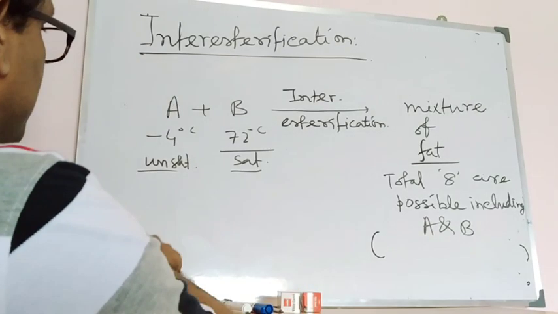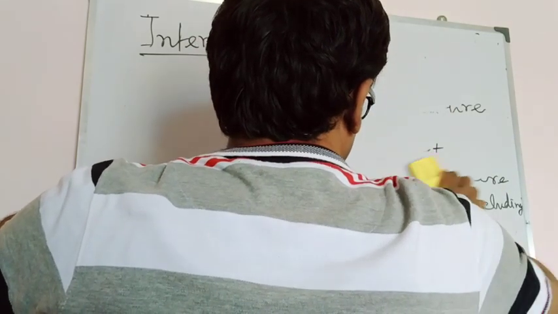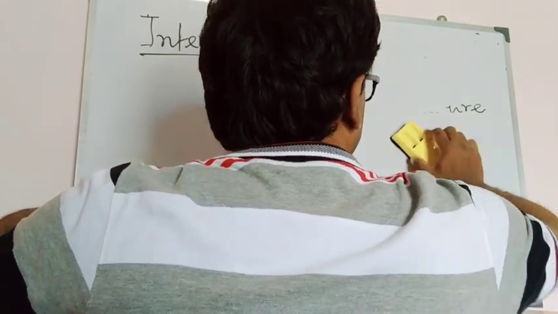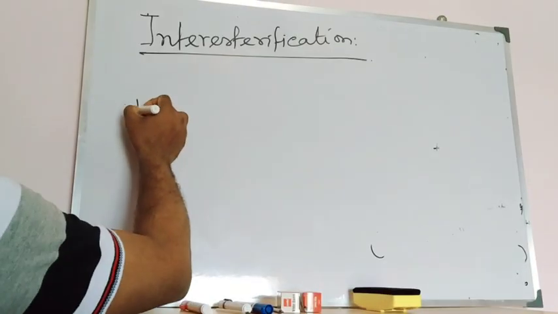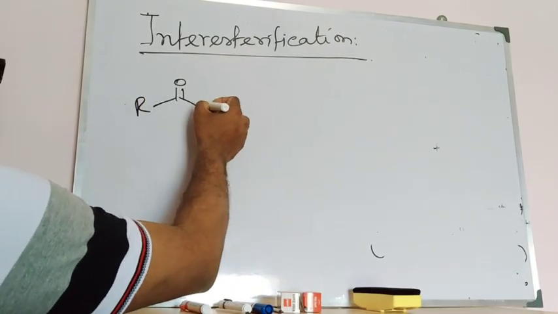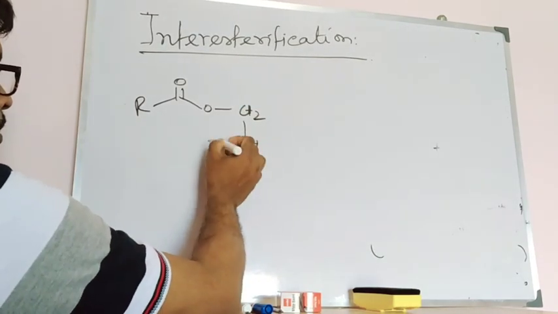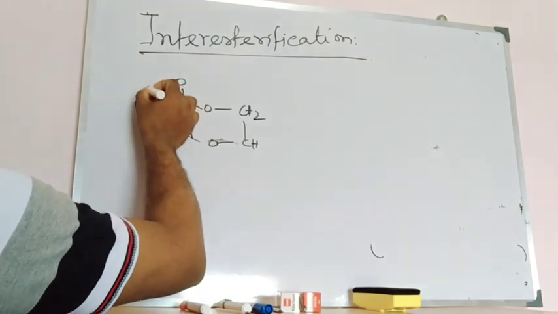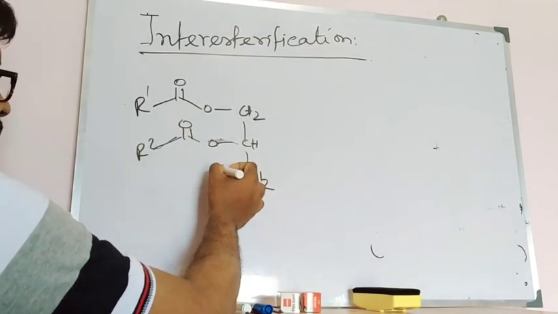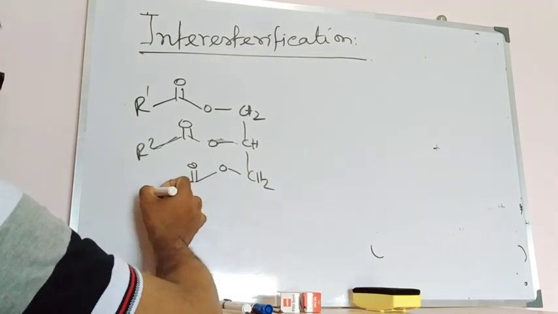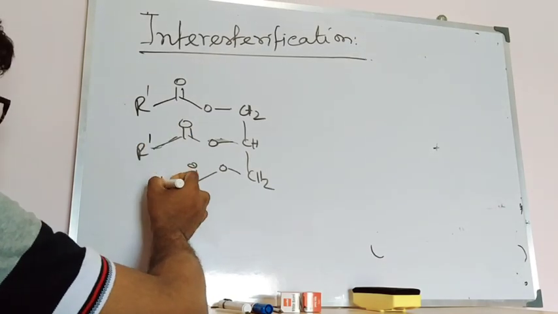So now if we take an example of A and B, what are the 8 that can be possible here? I take these two: R1 O CH2 CH, O C double bond O R2 and CH2 O C double bond O, and here all these are R1.